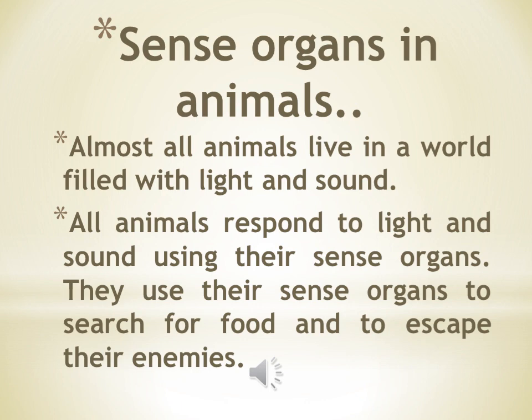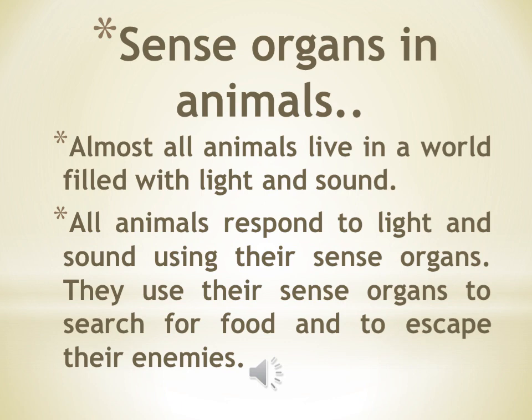Sense organs in animals. As you all know, sense organs are the windows to the world. So almost all animals live in a world which is filled with light and sound, and all animals respond to light and sound using their sense organs. All animals have sense organs.